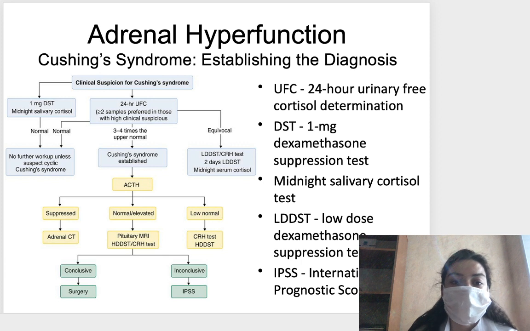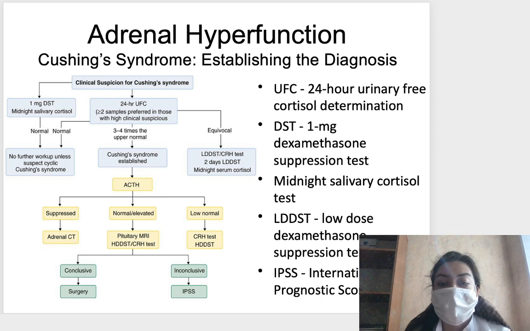And if the 24-hour urinary free cortisol determination is normal, the same result. If equivocal, we confirm with additional tests like the low-dose dexamethasone suppression test and determination of the international prognostic score.